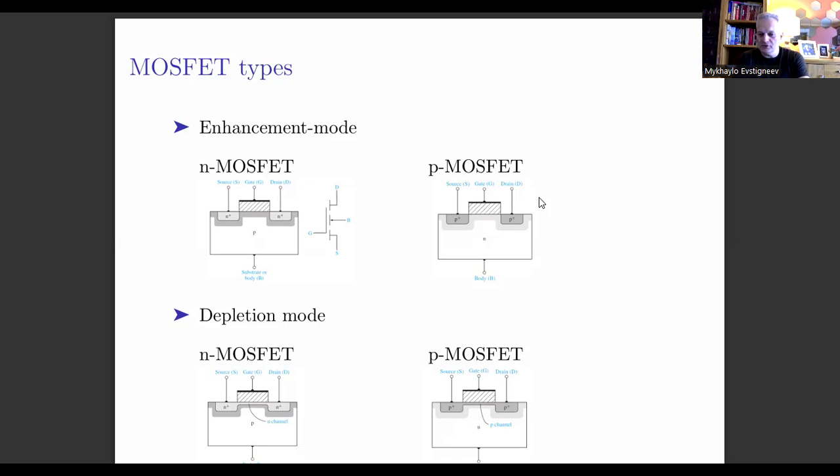So if your body is of P type, then this is an N MOSFET, because the charge carriers in the inversion layer are electrons. And if your body is of N type, then this is a P MOSFET, because your charge carriers in the inversion layer are holes.